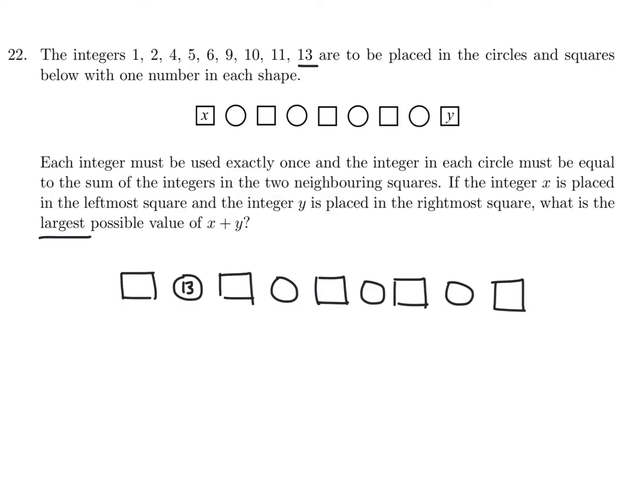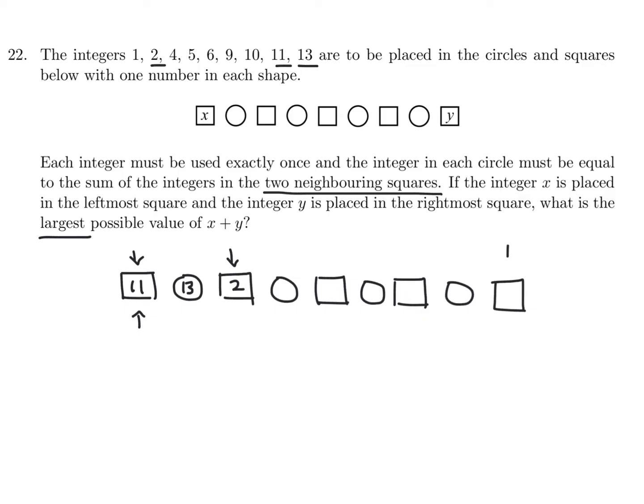Then the squares right beside it, the two neighboring squares, have to add up to 13. Okay, so I think I can do that with 11 and 2, but I want this guy to be as large as possible, so I'll put the 11 here and I'll put the 2 there. Right? So that's the technique. Okay, so I've used up 13, 11, and 2.